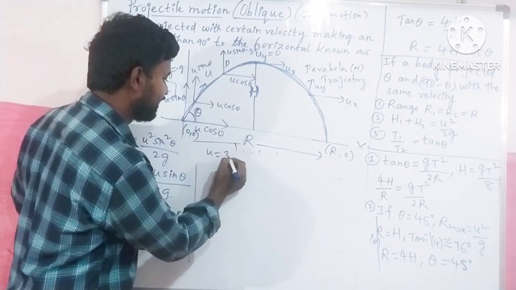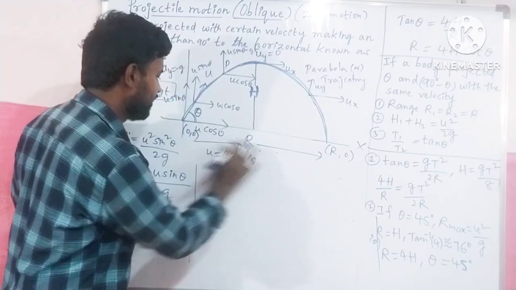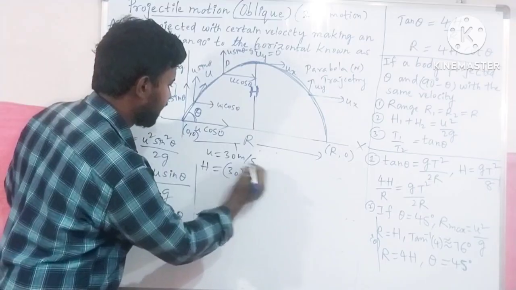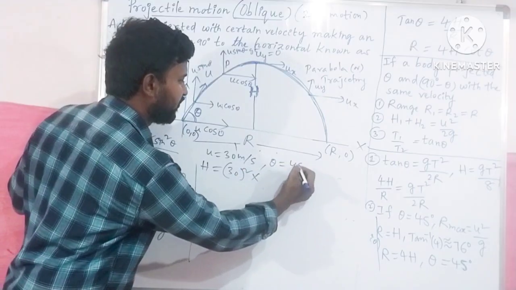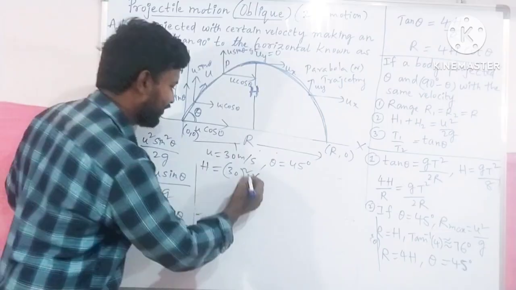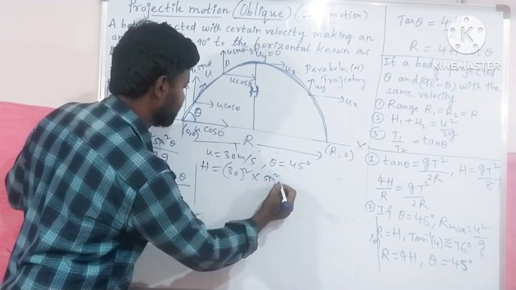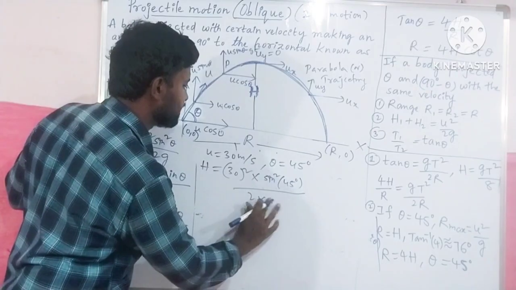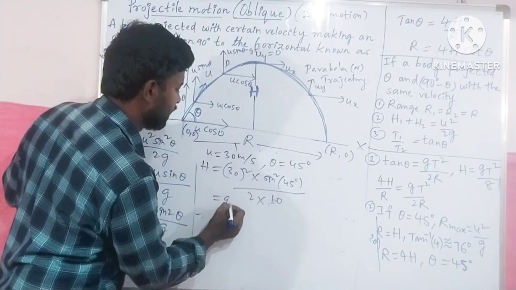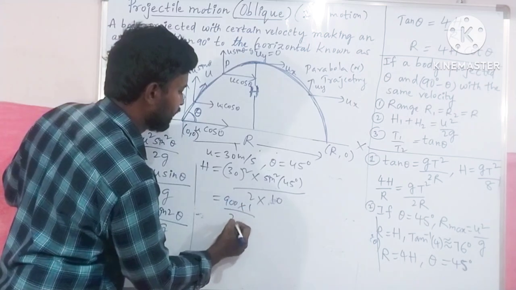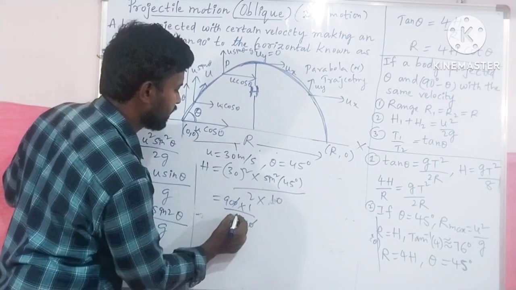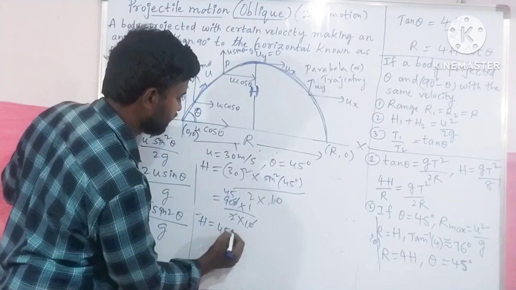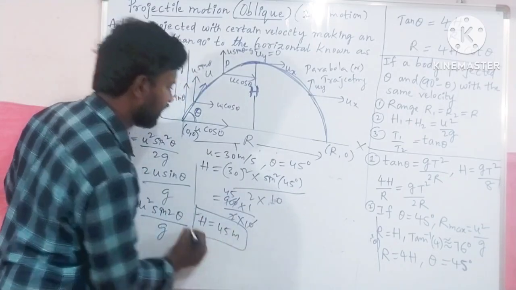So here height h equals 30 square, next sin square 45 degrees, by 2 into g, where I have taken the g value as 10. Now here 900 into 1 by 2, by 2 into 10. The zeros get cancelled. 4 ones are 4, 45s. So height is 45 meters.